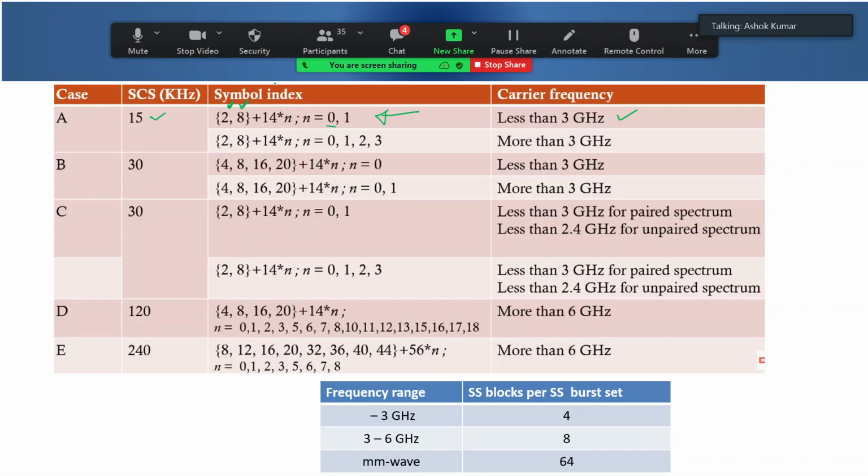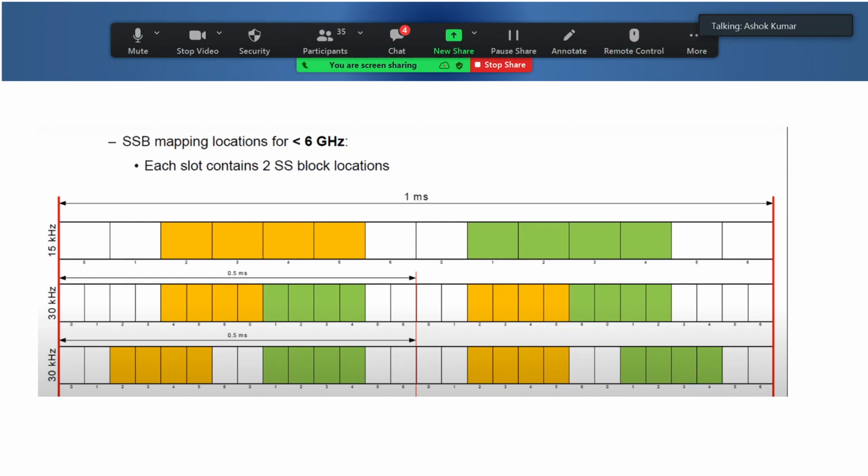I'll just show you the picture in the next slide and come back. Just see what we saw in 15 kilohertz: my two SS blocks, one starting at symbol 2, the other starting at symbol 8. As we know, one SS block requires 4 symbols, so these are 4 symbols, these are 4 symbols.